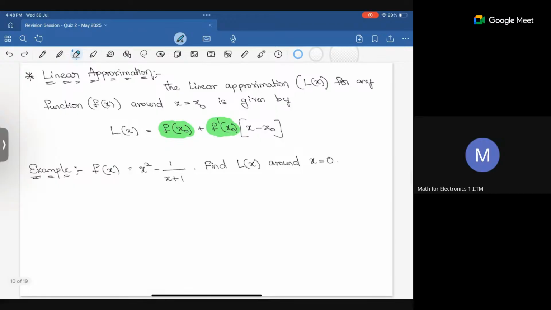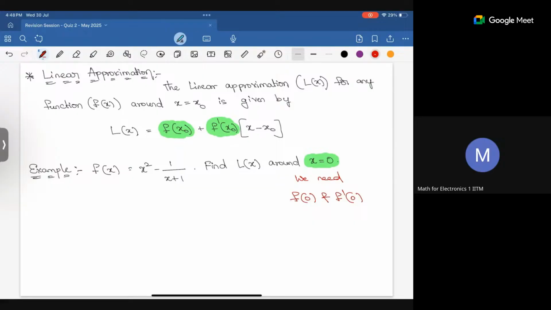All right. So let's see the example. F of x is given to be x square minus 1 by x plus 1. We have to find the linear approximation around x equals 0. Right. So for that, we need two things primarily: f of 0 and f prime of 0.